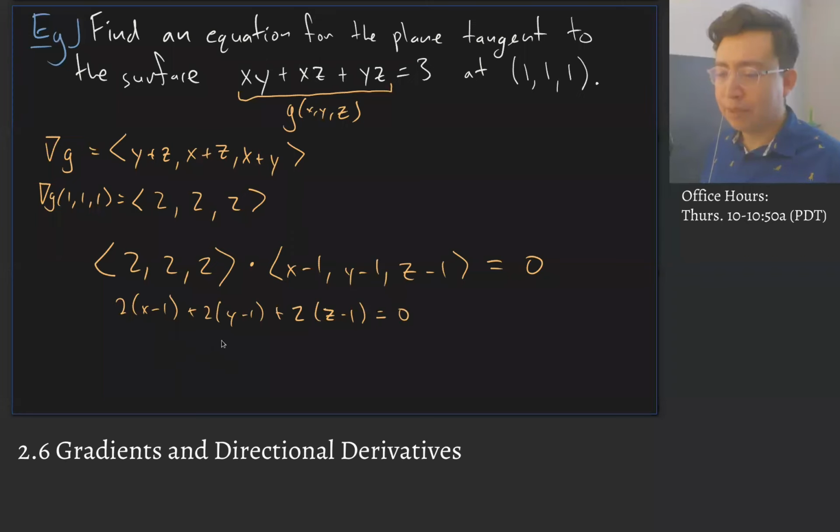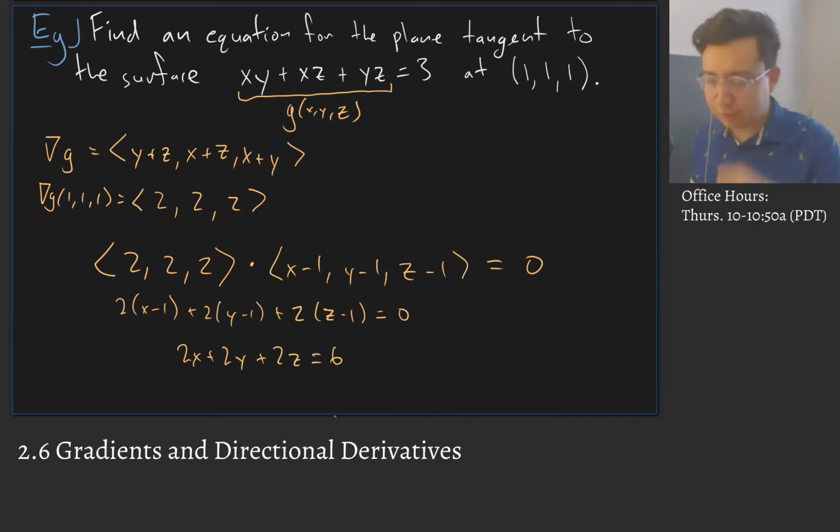That would be totally acceptable, but I'm going to simplify. You get 2x plus 2y plus 2z minus 6 equals 0, or you can move the negative 6 to the other side and call this all equal to 6. That there is our tangent plane.